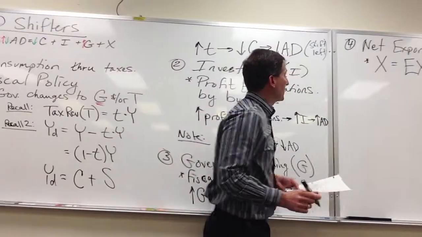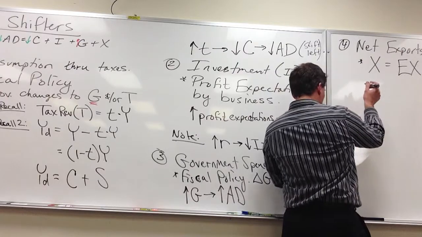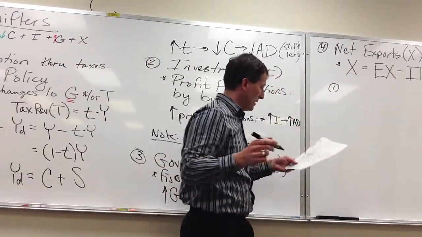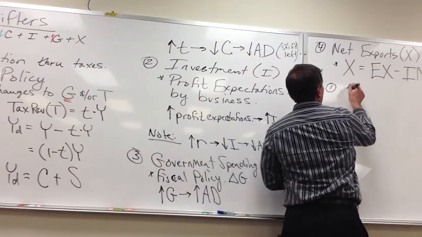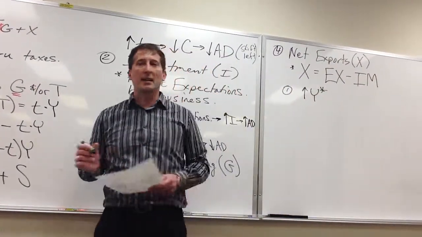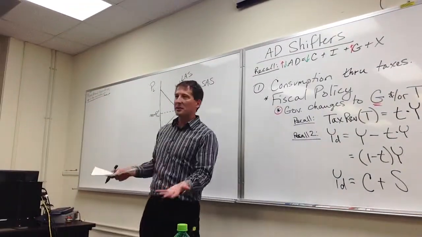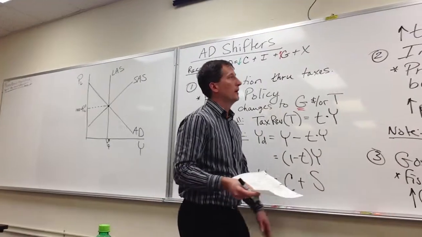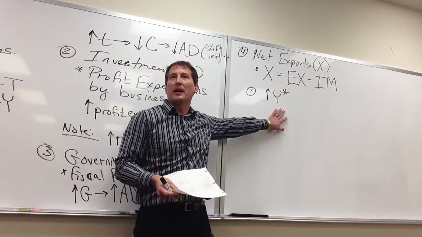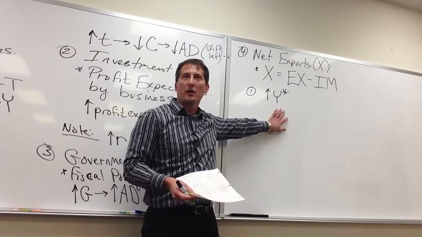Okay, so the shifter here comes about in a couple different ways. So we've got, let's call it shifter number 1. If there's an increase in foreigners' income, so they're experiencing economic growth. China's probably a prime example. Although there's a few question marks out on China now, but China's been experiencing real economic growth.